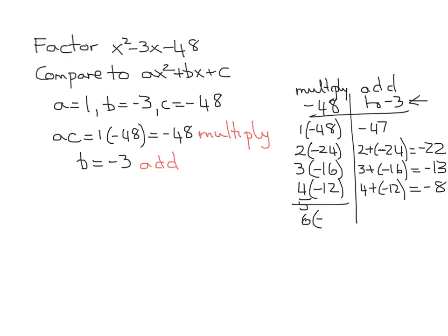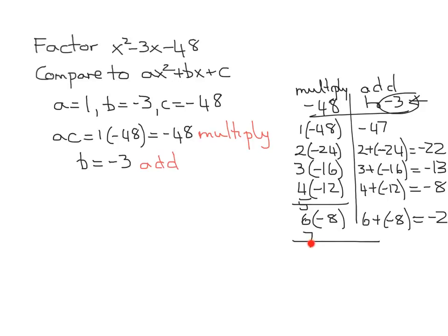So 6 times negative 8 is negative 48, and 6 plus a negative 8 is a negative 2. Close to the number I want, but it's not it. Does 7 divide into negative 48 evenly? No.